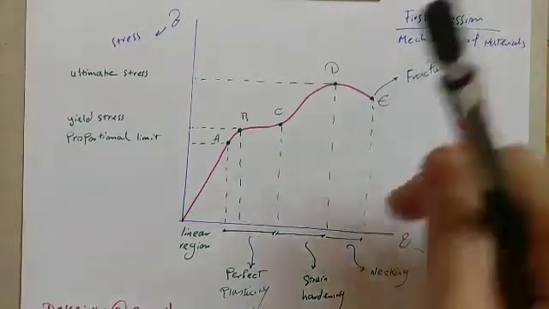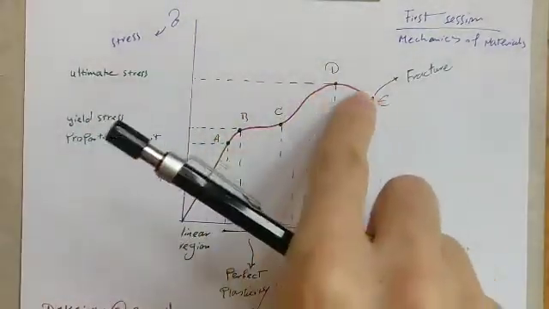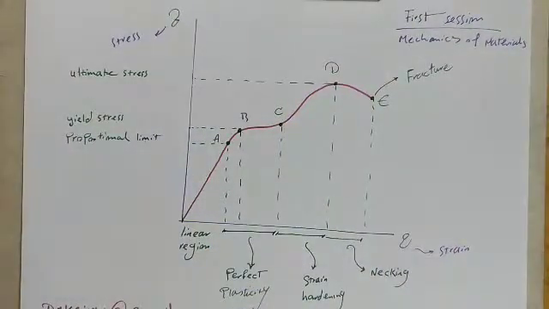For example, it depends on the volume of nickel, chromium, copper, or any other type of material in the steel. But finally, in total, this is the general shape of the stress-strain diagram of steel.